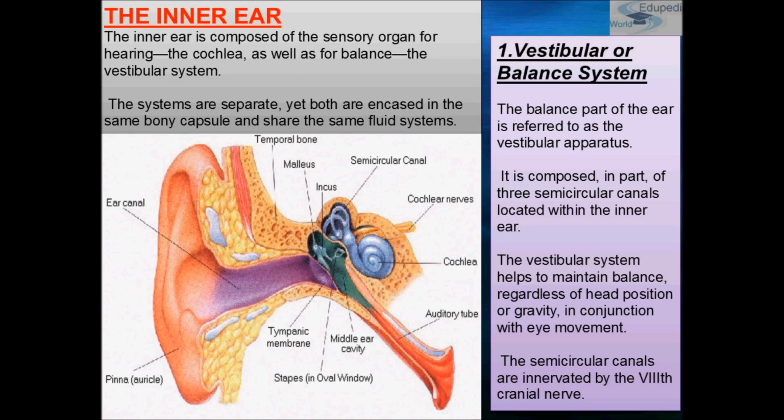That means regardless of the head position, the vestibular system maintains balance in our body. If balance is not maintained, then we might feel dizzy, or giddy at times. So the balance is maintained by the vestibular apparatus, which is a component of the inner ear.